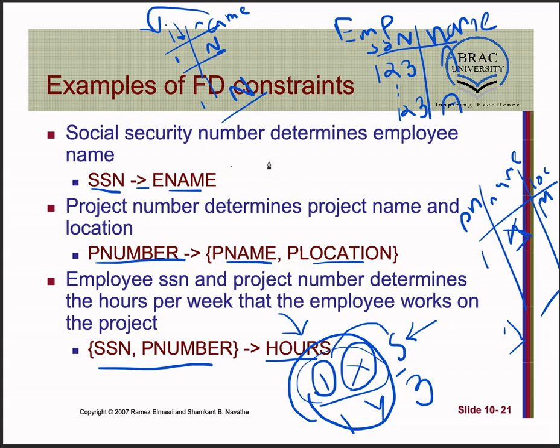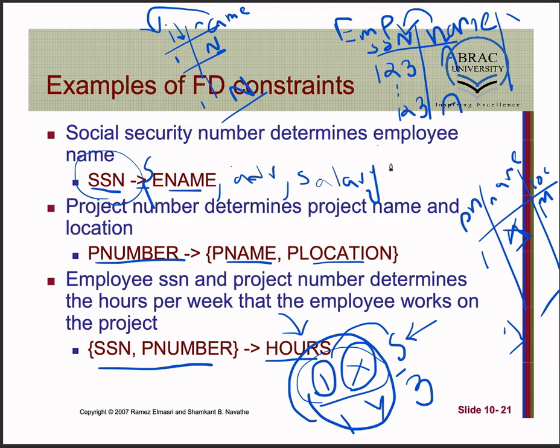By default, all attributes are functionally dependent on the primary key. All tables will have a primary key, and all attributes are usually functionally dependent on it. So if I had attributes such as name, address, age, salary, and so on, and social security number was my primary key, then all of these attributes would be dependent on the social security number.